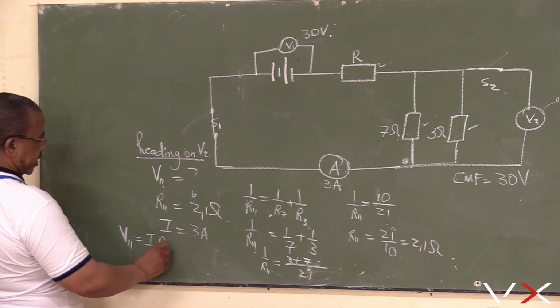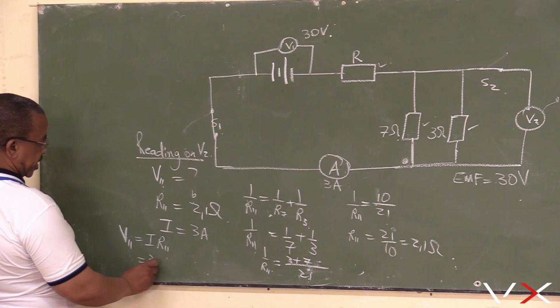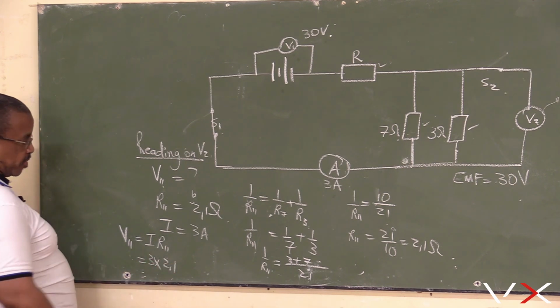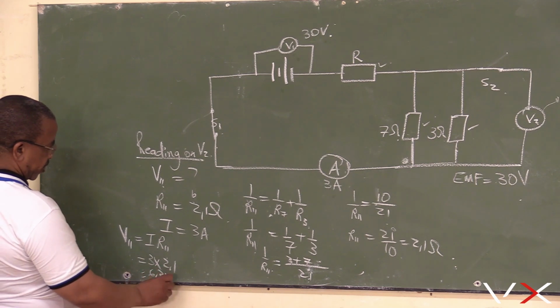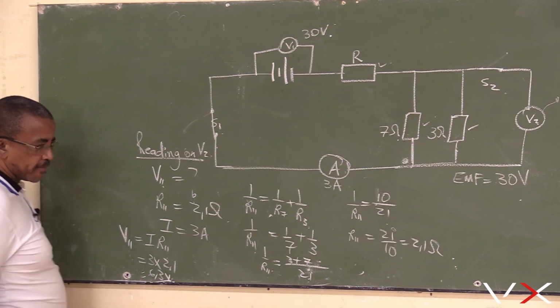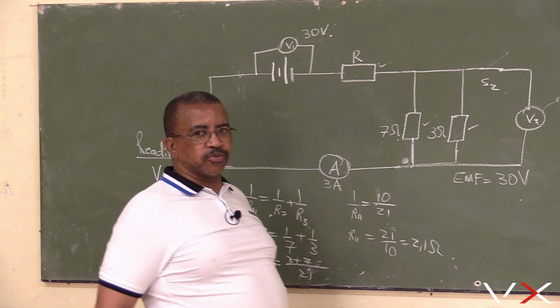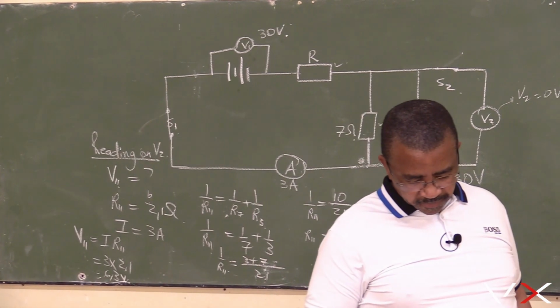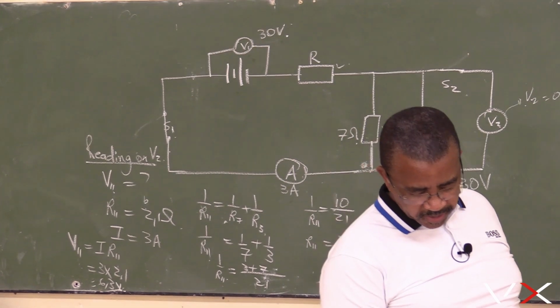I times R parallel. Current 3 times 2,1. What is 3 times 2,1? 6,3 volts. There you are. So that will be the reading on V2. 6,3 volts. So we got that.